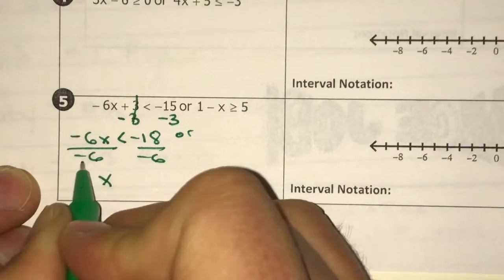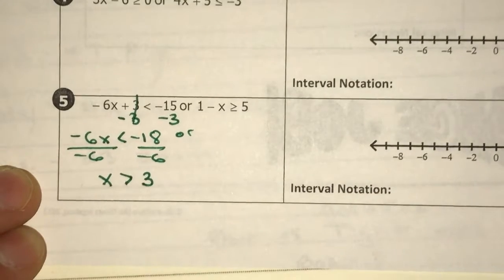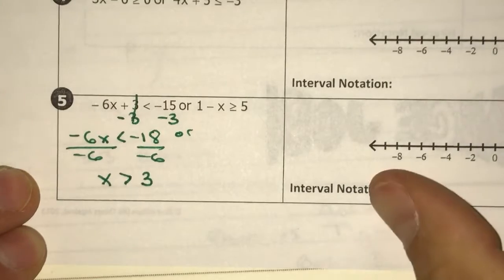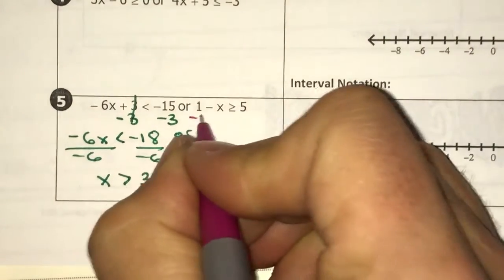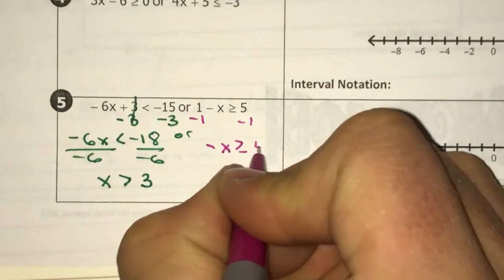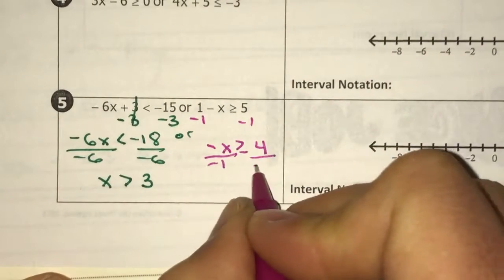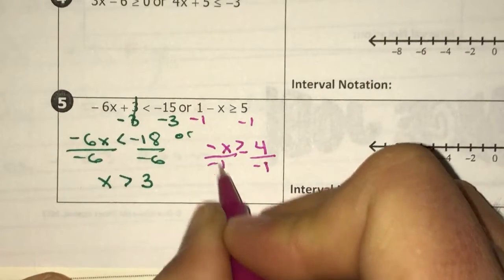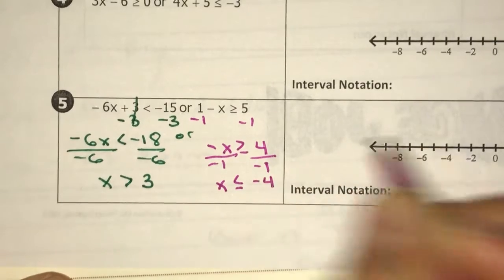So x, now I'm dividing by a negative, so the sign needs to flip. We can finish solving this one. Subtract 1 from each side. So -x is greater than or equal to 4. Divide each side by -1 now. Now this sign flips, so x is less than or equal to -4.